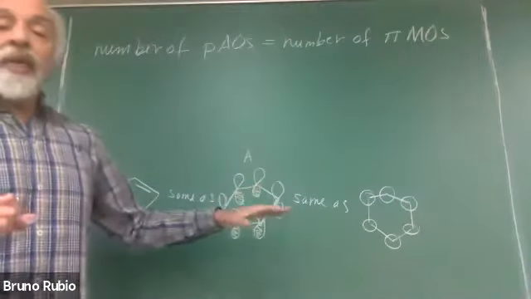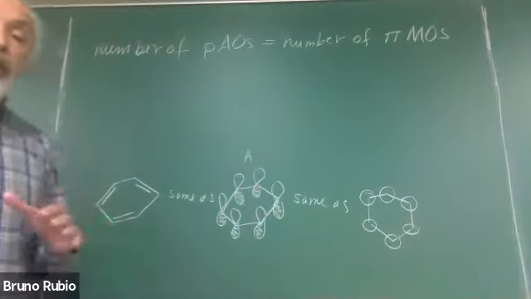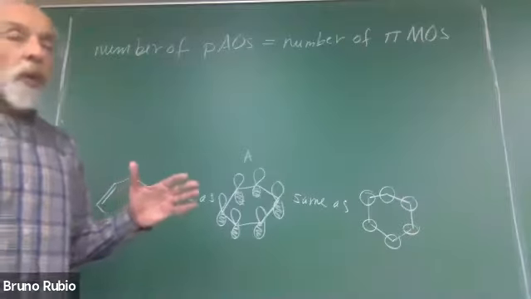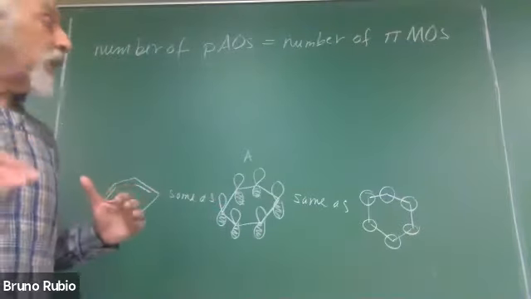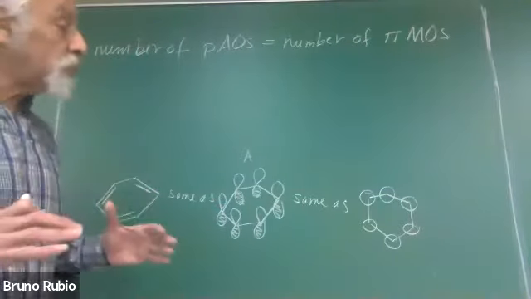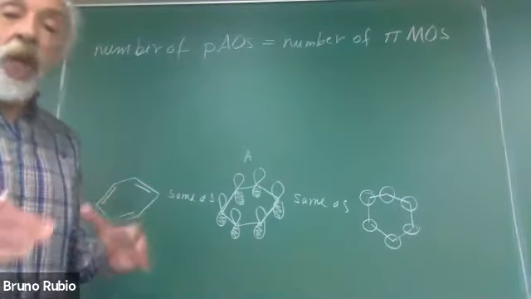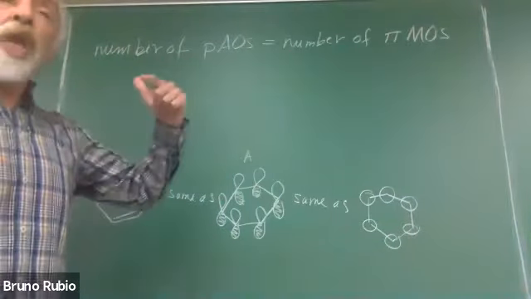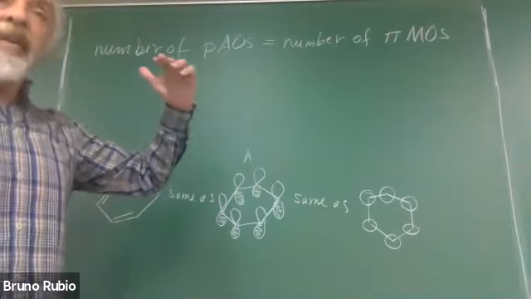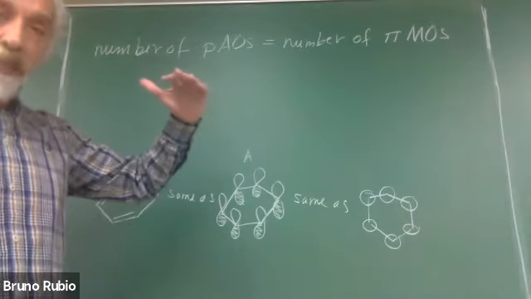And now when it comes time to drawing the molecular orbitals, what we start with is a molecular orbital that has 0 internuclear nodes, and then we start adding nodes in a symmetrical fashion.